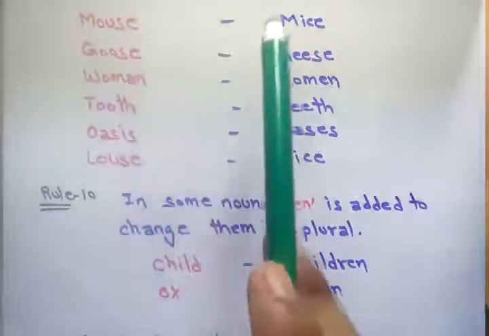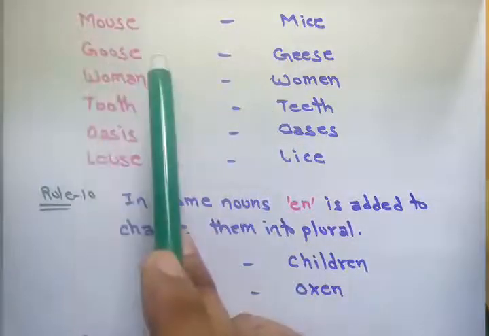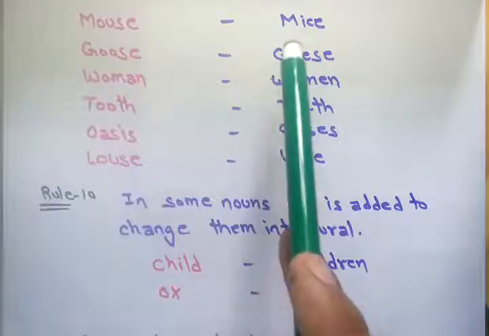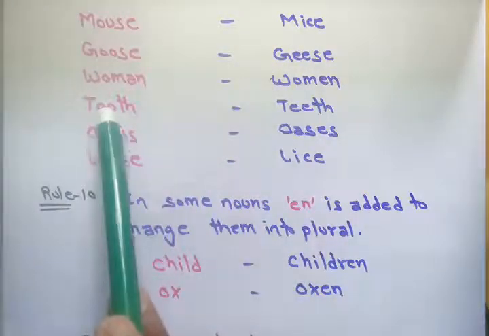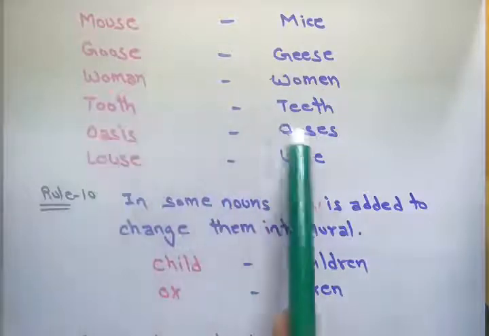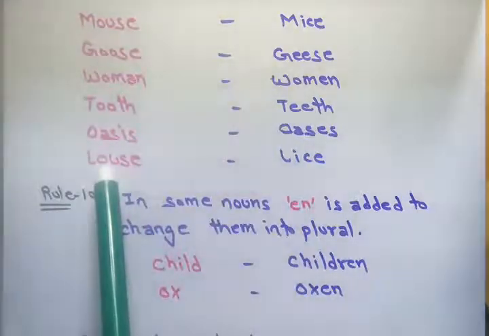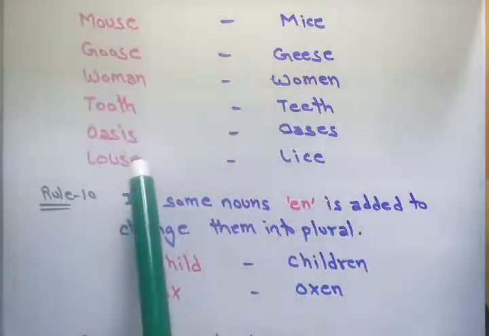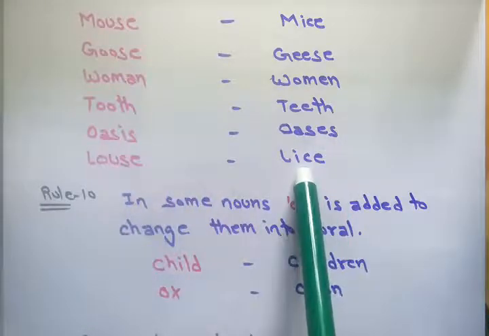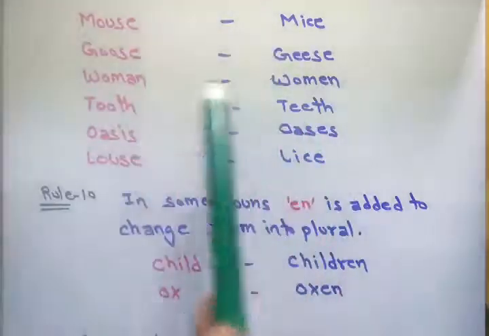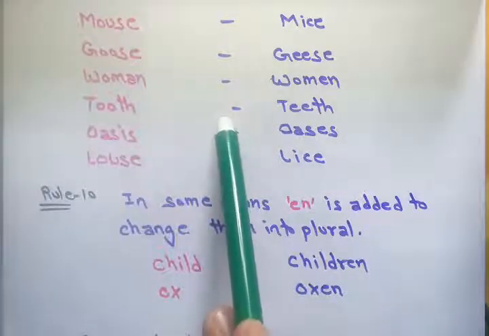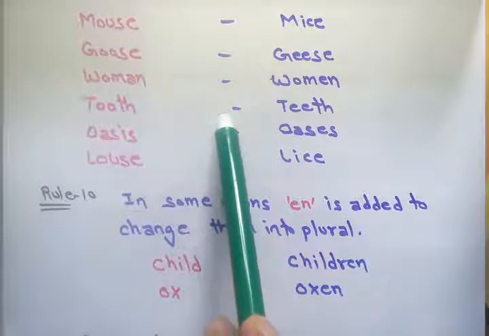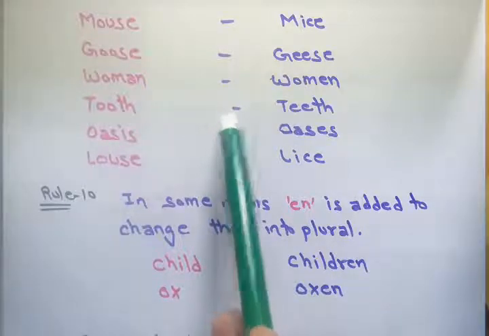Goose, geese. Woman, women. Tooth, teeth. Louse, lice. So these are inner vowel changes to make them plural in form.